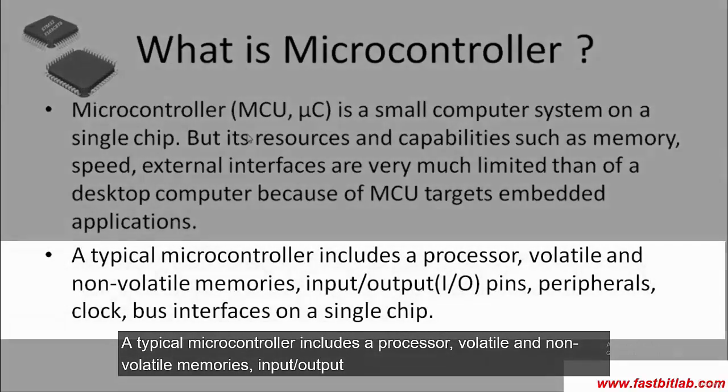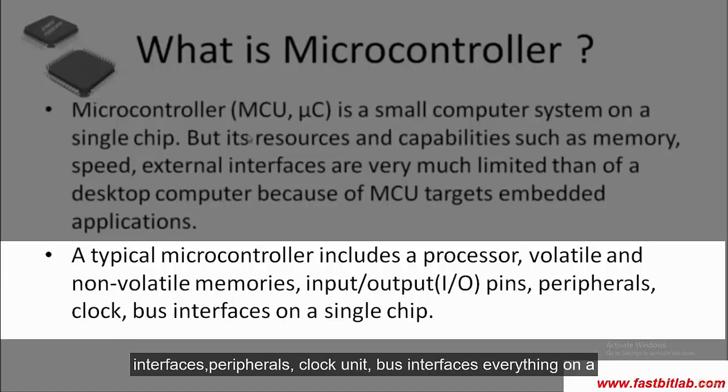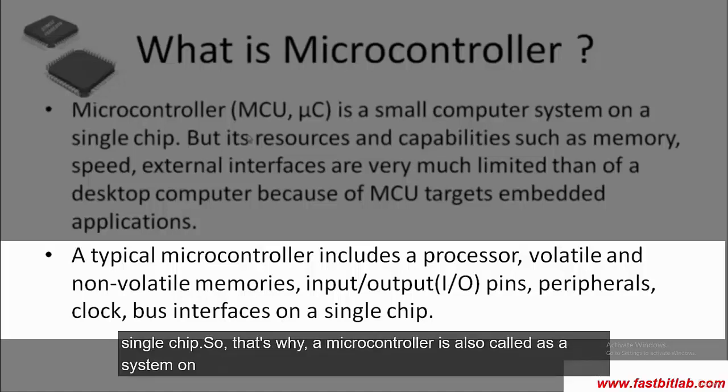A typical microcontroller includes a processor, volatile and non-volatile memories, input-output interfaces, peripherals, clock unit, and bus interfaces, everything on a single chip. So that's why a microcontroller is also called a system on chip.